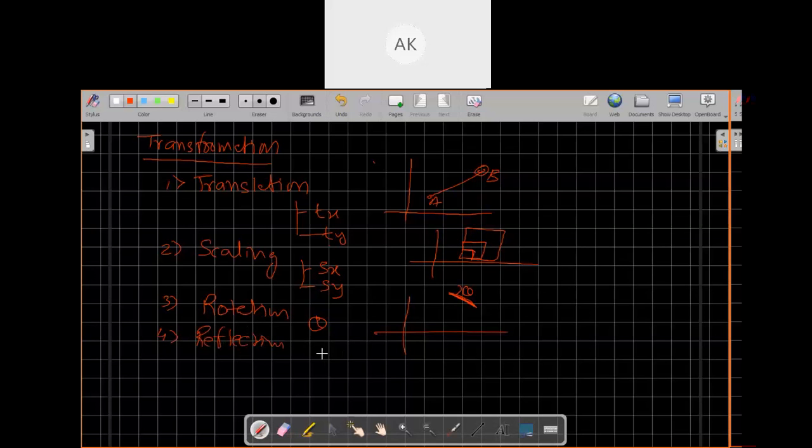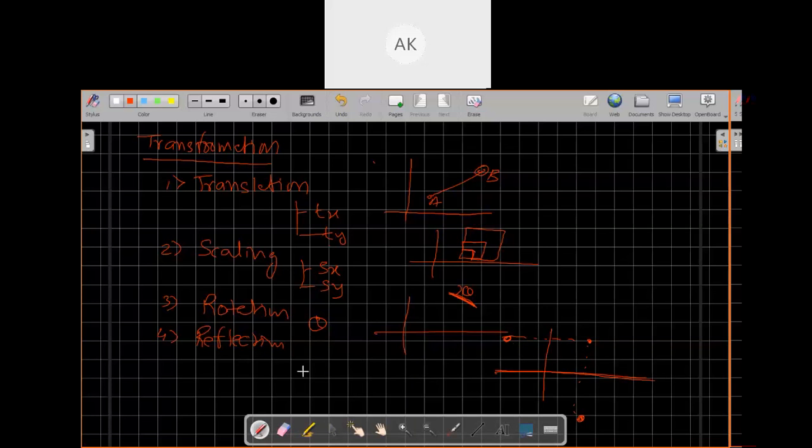So rotation means rotating a particular object by certain angles, and scaling works in the same way. Suppose we have a square, we can scale it up or scale it down, which means we maximize or minimize the object.